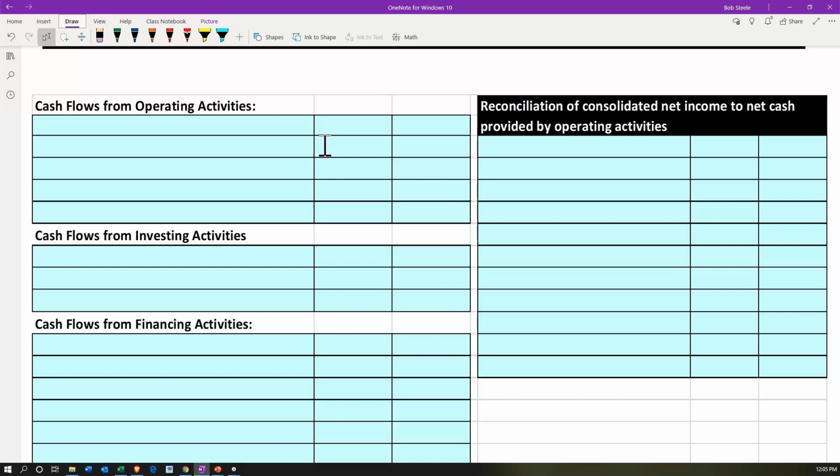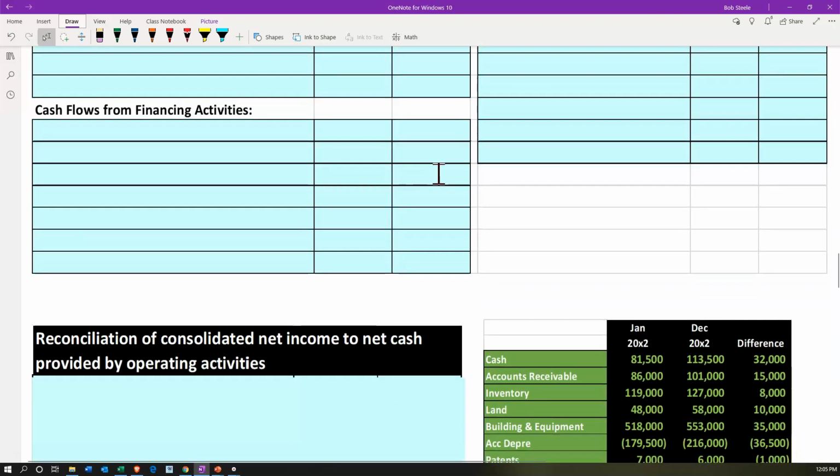So sometimes regulations will still require, even if the direct method is used, some kind of reconciliation, such as this reconciliation of consolidated net income to net cash provided by operating activities, which is in essence the indirect method. That is why a lot of people will still just use the indirect method sometimes, because it'll be less work. But I do think the direct method is useful, and more intuitive for the reader of the financial statements.